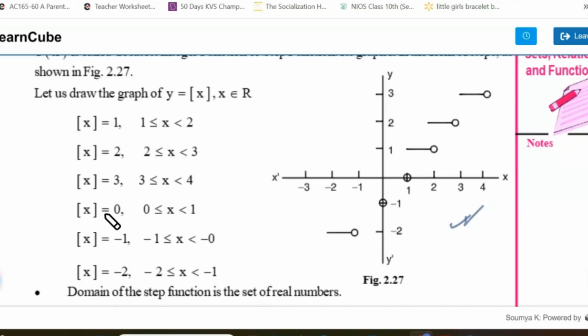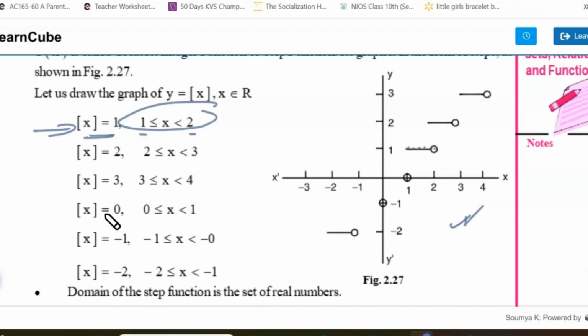For example, 1 will be the solution for 1 to 2. Okay, in this range, whatever you find, this will be the resulting value. That's why if you take from 1 to 2, the value is 1. It is constant. It is not moving. It's not increasing. So this is the graph; different points can be plotted on this place. So that is all the same.